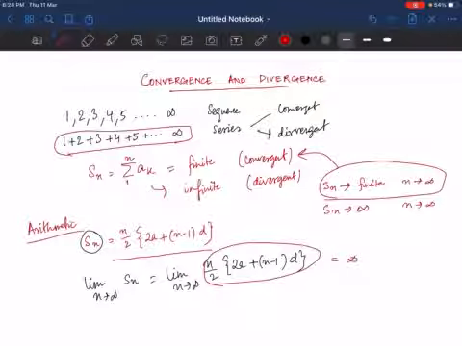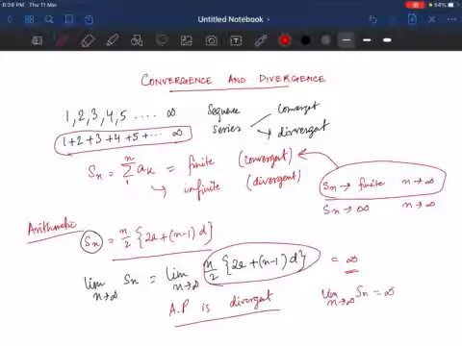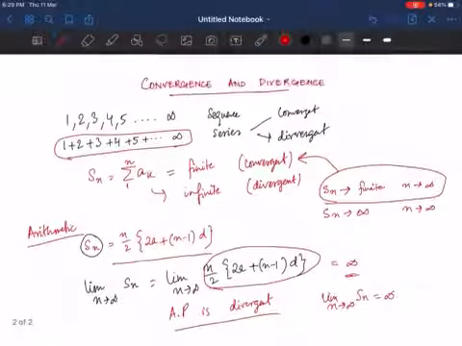So the sum of an arithmetic series for an infinite number of terms is also tending towards infinity. So we can say that arithmetic progression is divergent. It is not convergent, it is divergent. Why? Because the limit as n tends to infinity of Sn is equal to infinity. That's why it's divergent.